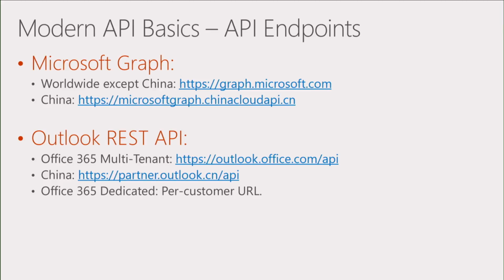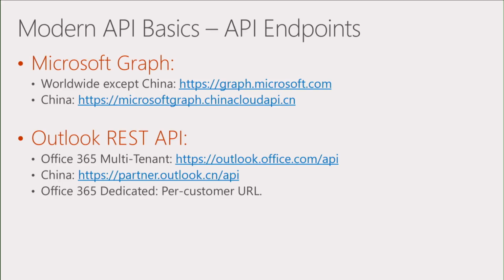If you were to call the Outlook API endpoint directly, for multi-tenant, which is what the majority of users go for, where you're buying licenses on a per user per month basis and it's shared infrastructure, I have the URL there: outlook.office.com/api.